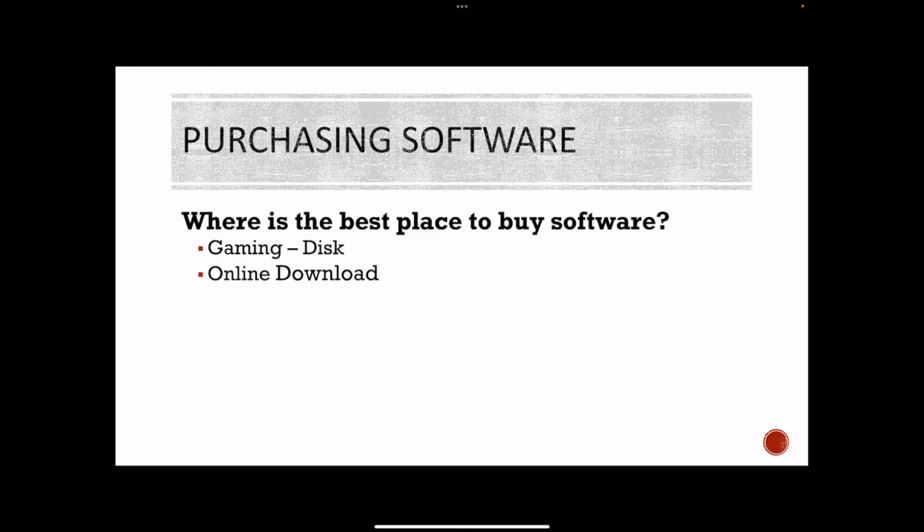Manufacturers' websites offer their full product line as electronic downloads, with the option to add an optical disc as a backup. So you can go online, download it, and sometimes with the software you have, they will send you a disc or a flash drive that has the program or software on it.